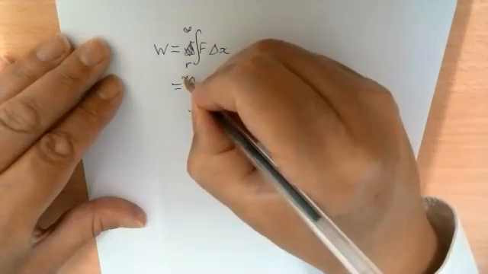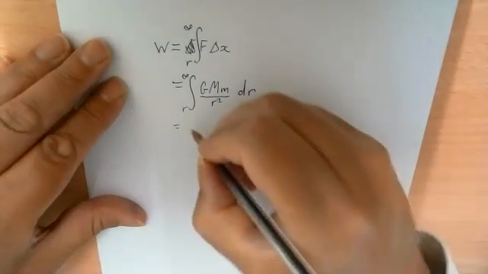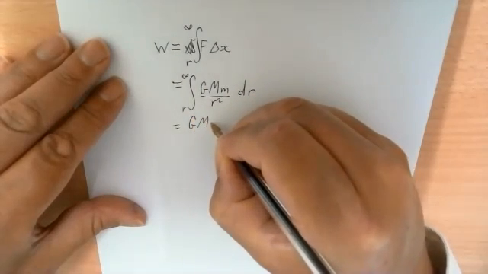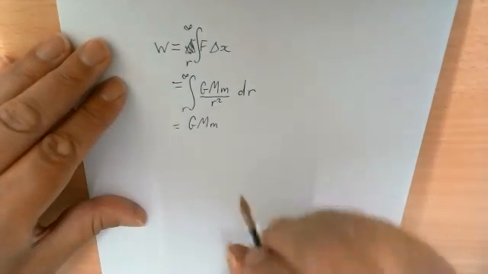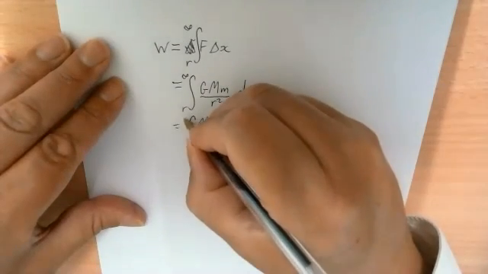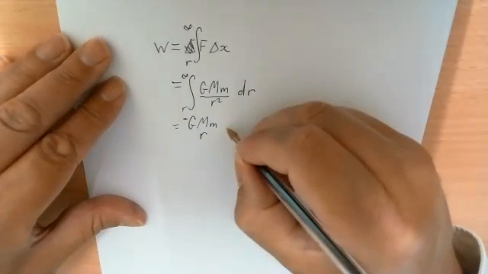So if we take it from infinity to r, we've got big G, big M, little m. Now the integral is going to be 1 over r, isn't it? And it's going to be minus because it's -2. That makes sense?